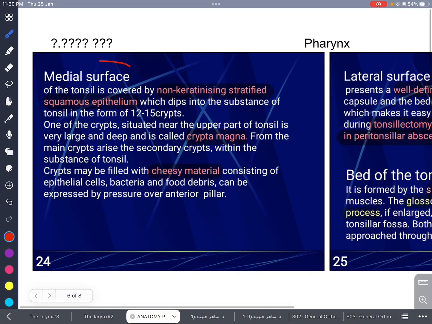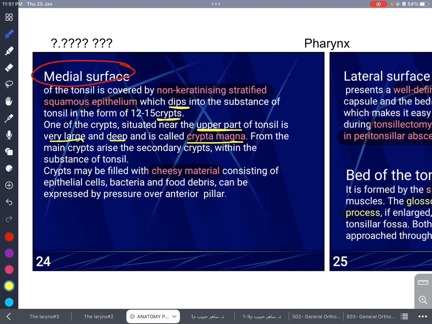The medial surface of the palatine tonsil is covered by non-keratinizing stratified squamous epithelium, and this epithelium dips into the substance of the tonsil and forms crypts, about 12 to 15 in number. One of the crypts, situated in the superior or upper part of the tonsil, is very large and very deep, and it is called the crypta magna.